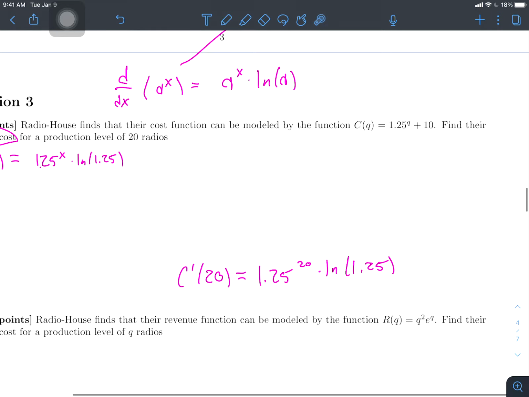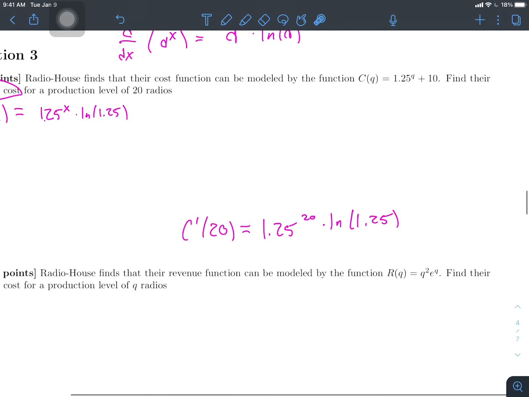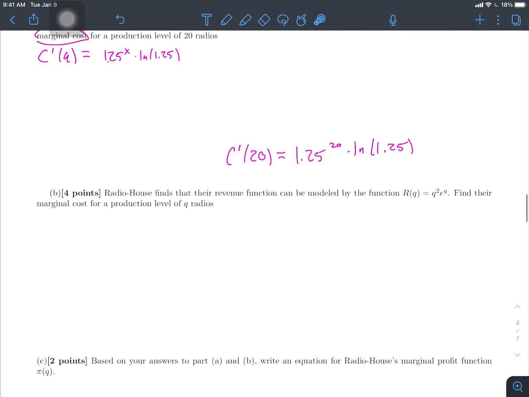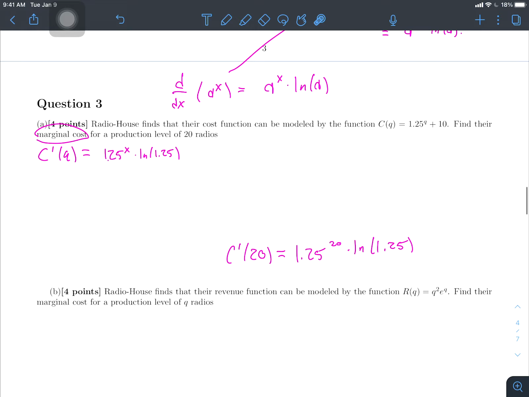If you want to just leave it like this on your exam, that's perfectly fine. Or if you want to calculate it out using your calculator, that's also okay. But what I need to see on a problem like this is that we find the marginal cost function and then plug in 20.